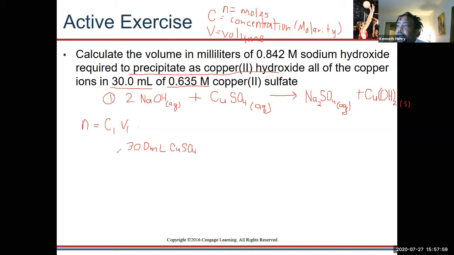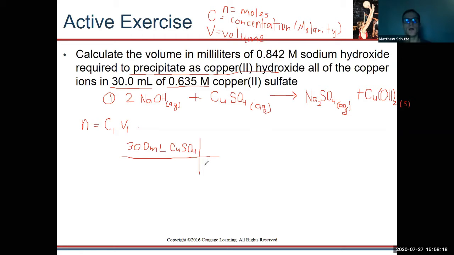Okay, so how do I change this into liters? Isn't our concentration just moles over liters? Yes. Okay, so how would I do that? 1 liter on top and then 1,000 milliliters on the bottom.